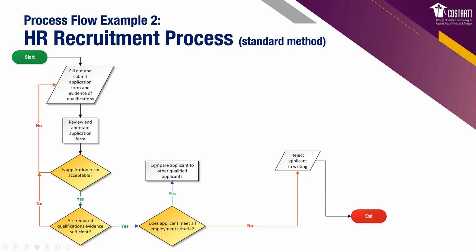Now, we have to assume that more than one person will apply for the job, and more than one person would in fact be qualified to be employed. They would meet the criteria. So what we do now is go through a process of elimination. If 100 people applied for this position and we only have one available position, we can't hire all 100.